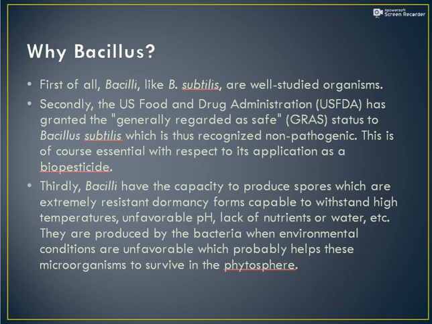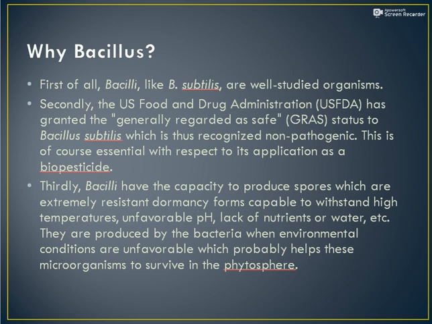So this is of course essential with respect to its application as a biopesticide. Now, if you're using an organism as a biopesticide and it is pathogenic, it doesn't make any sense. So you should choose a bacterium or any microbe which is found to be what?